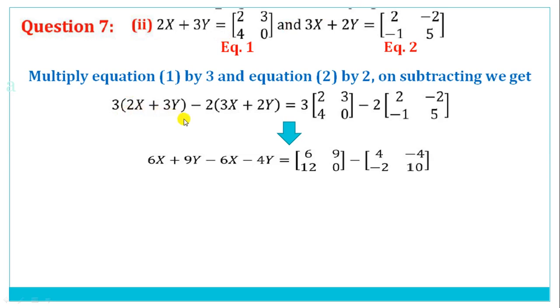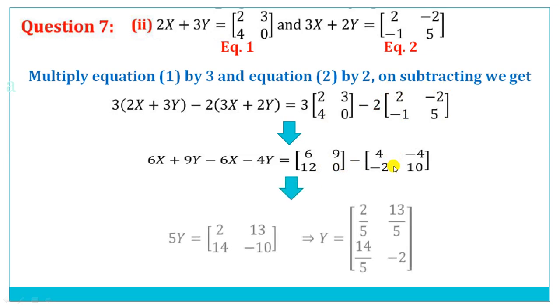So obviously this will become 6x plus 9y, and this will become minus 6x minus 4y. Each element is multiplied by 3, scalar multiplication, and we get this; minus, each element here is multiplied by 2, and we get the scalar multiplication here. After solving, 6x will be eliminated, and 9y minus 4y is 5y.